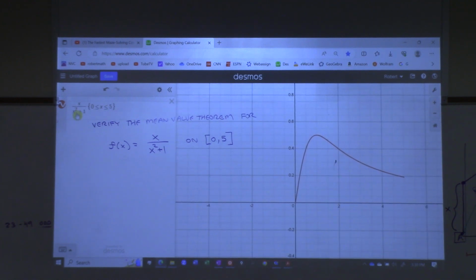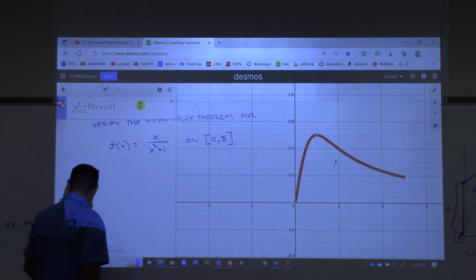All right, you'll see that over there. So we're supposed to verify the mean value theorem. I don't know why I made that so thick.